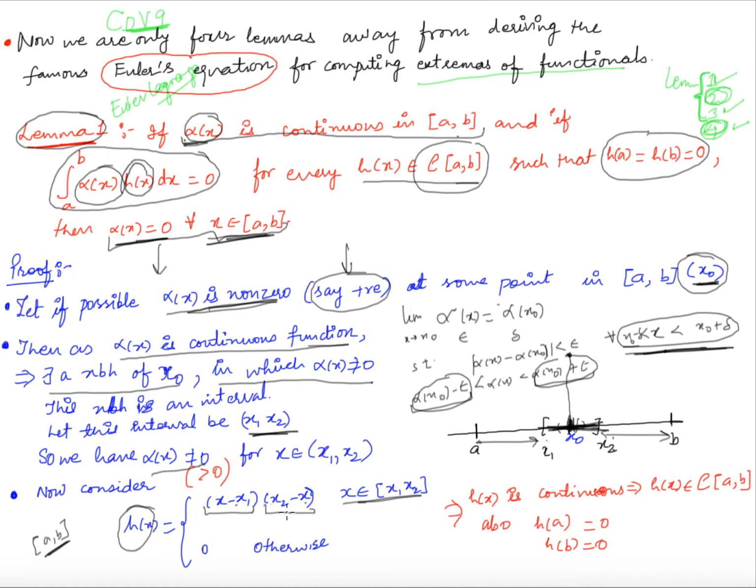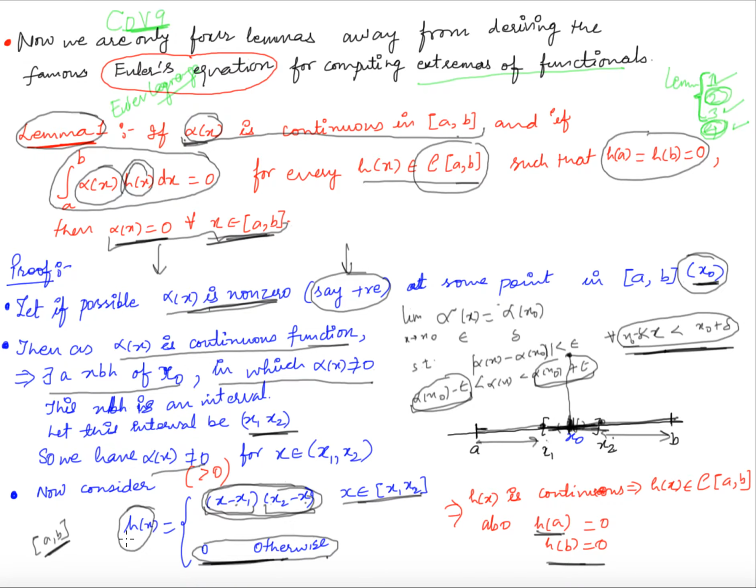So your function hx is continuous in the interval ab, and also h of a is 0 and h of b is 0, because the function is 0 up to here, then in this region it is a second order curve, a quadratic curve. So the hx so chosen satisfies all the conditions of the lemma.